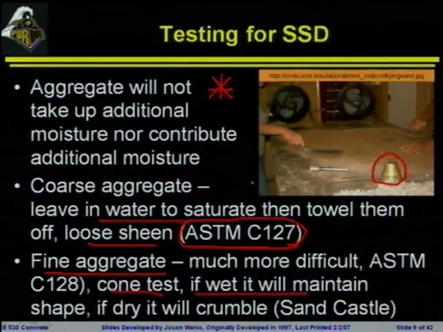As it dries out, the material is going to start to crumble and fall apart. The point where it starts to crumble and fall apart gives us an indication of where the SSD condition is. It's the same philosophy as building a sandcastle. So if you do get the opportunity to go on a vacation and build sandcastles on the shore, you can think back to this class and determine the saturated surface dry condition of the beach sand through a series of pails.